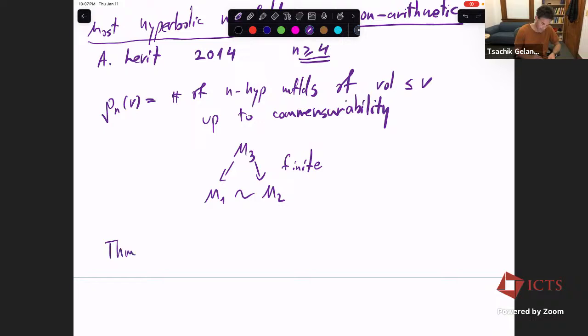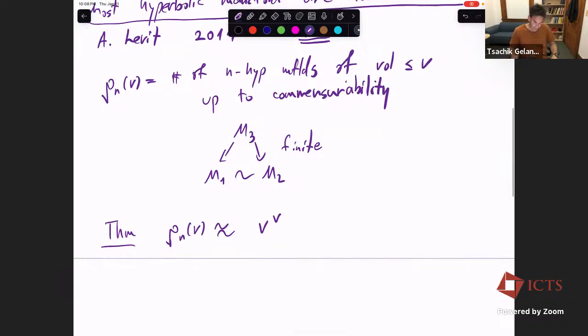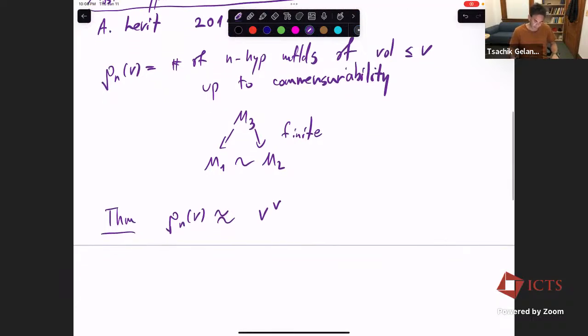And then the theorem that we proved is that rho n of v, the number of such manifolds, behaves like v to the v. So what does it mean?